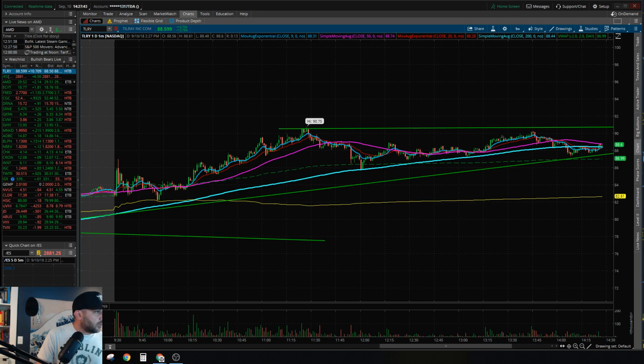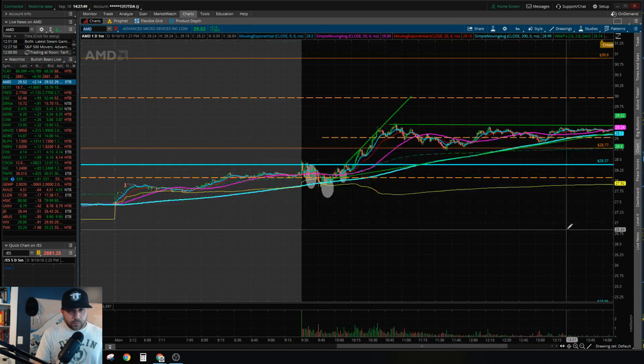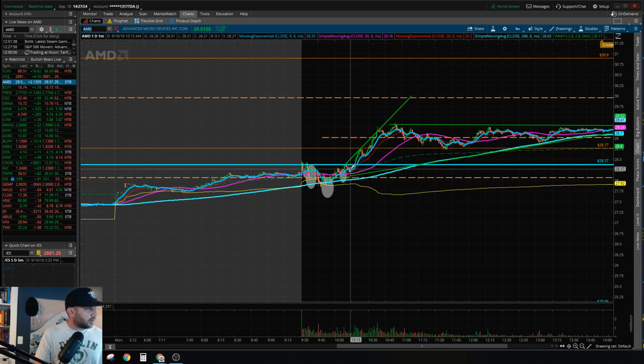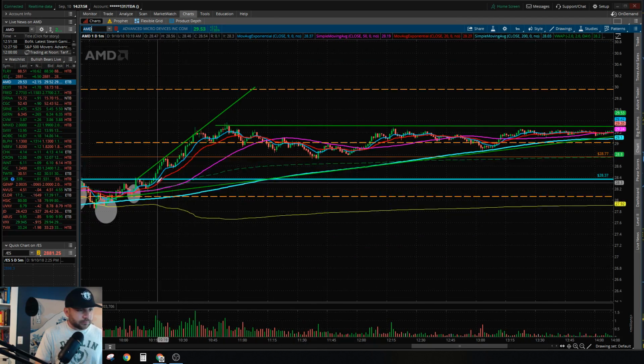So what price is your breakout point for AMD? So this morning, my breakout point was 28.37. So that's what I was watching for, and I missed. I didn't get it. I forget which stock I was paying attention to.